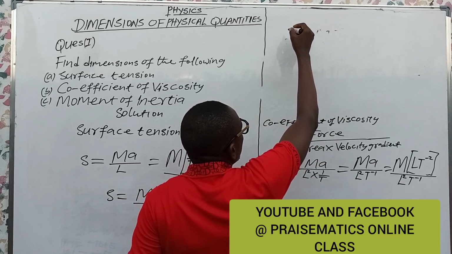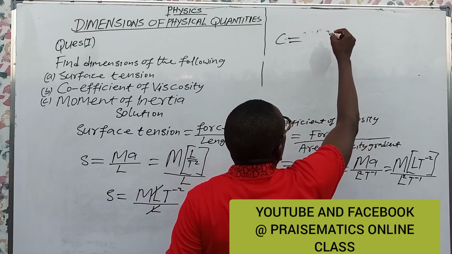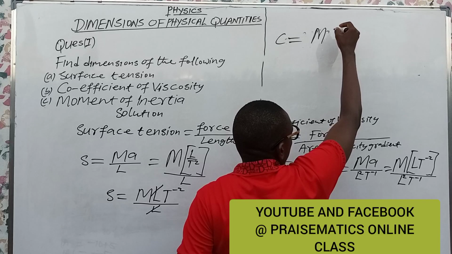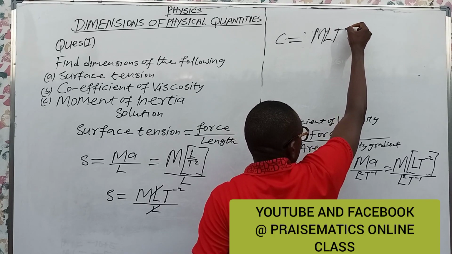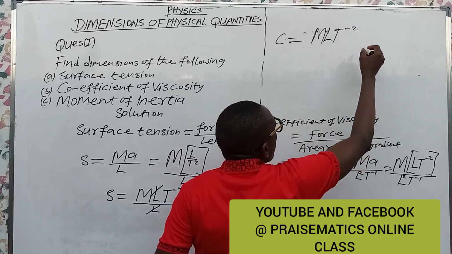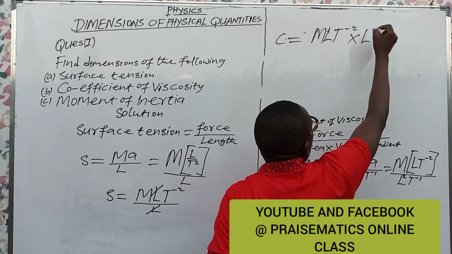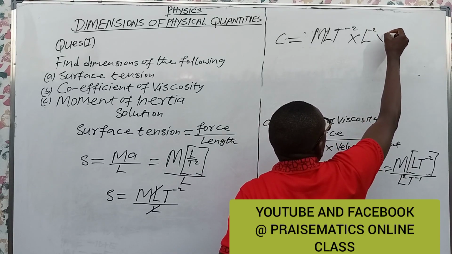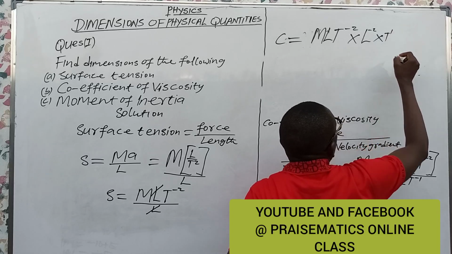So this coefficient of viscosity is equal to M L T minus 2 multiplied by L minus 2, multiplied by T, which will come up and turn to 1.